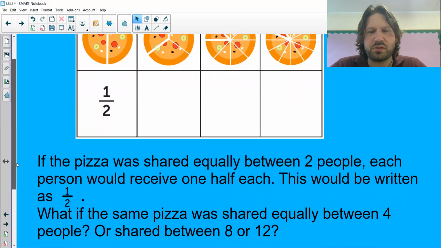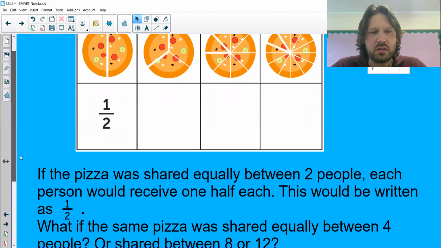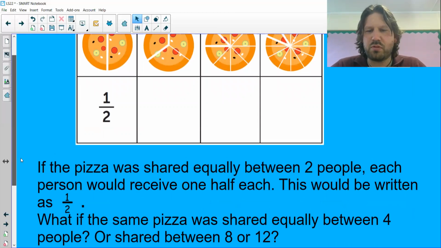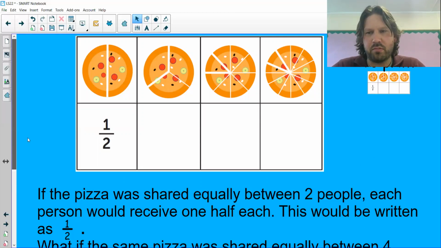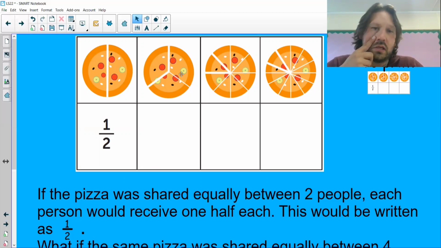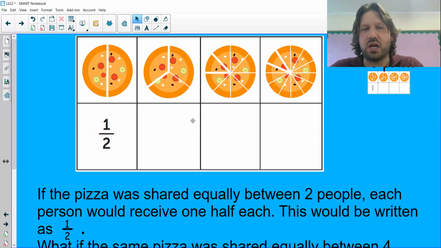What if the same pizza was shared equally between 4 people, or shared between 8 people, or 12 people? So what I want you to do is work out the denominator and the numerator for each. So each person will be getting 1 piece, so the numerator we know, and you've got to count and write in the denominator.